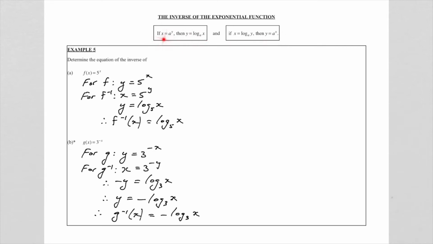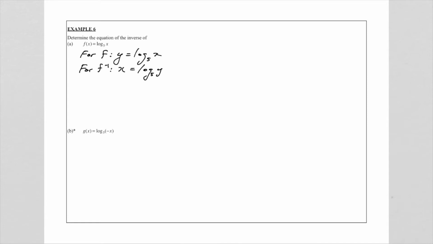That is when we found the inverse of the exponential that gave us a log. Now we have a log function and the inverse will be exponential. So we can do that. We can say now that y is equal to 5^x, and therefore we can say that the inverse of f is 5^x.